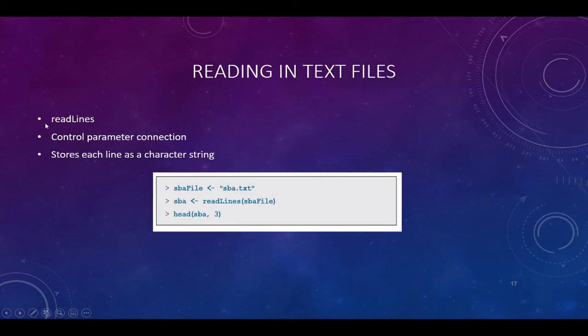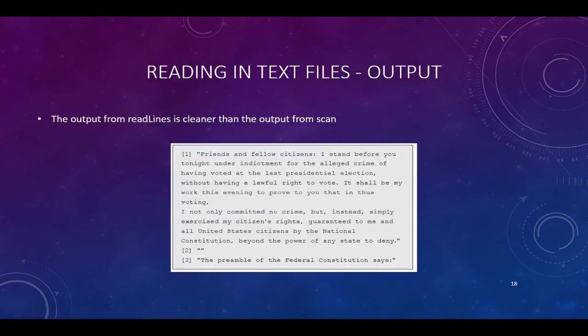You can use something called readLines. A readLines is going to read exactly what it sounds like, line by line. There are fewer parameters to use, and it is going to store each line as a character string. So that's helpful when we need to actually manipulate that data. When you use readLines versus scan, the output is a little bit cleaner.